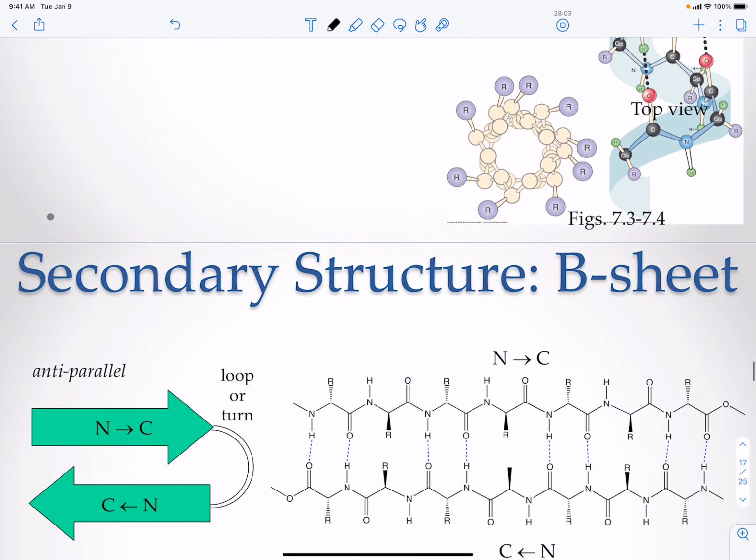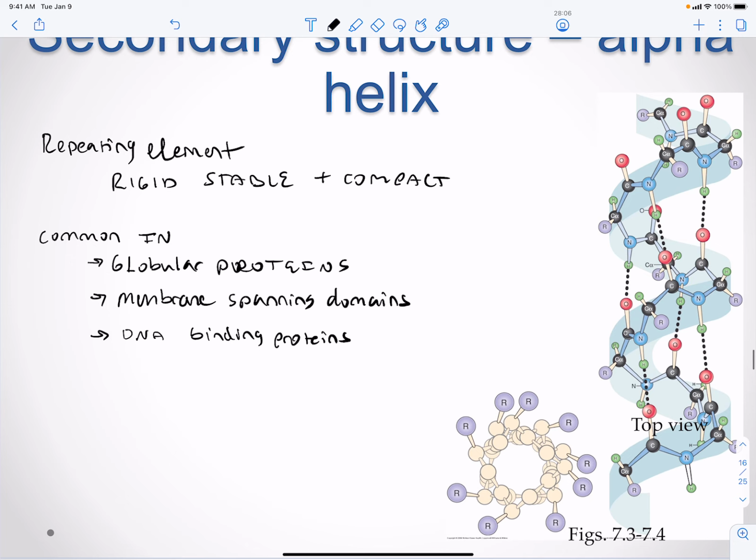Okay, one thing to keep in mind with our alpha helixes, I don't think I have it here, but proline. Proline is known as the alpha helix breaker.